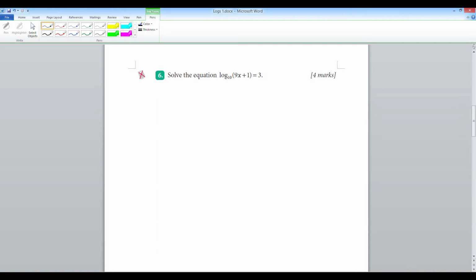This bracket makes this whole thing one term. So log base 10, this 10 goes to the other side, and it would be the same as 9x plus 1 equal to 10 to the power of 3.